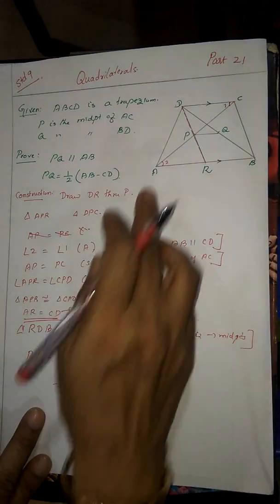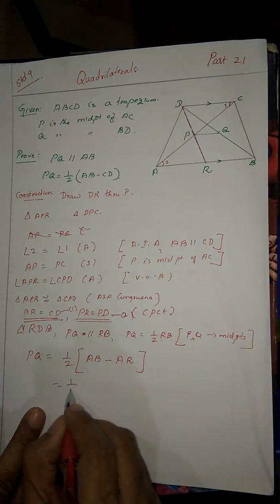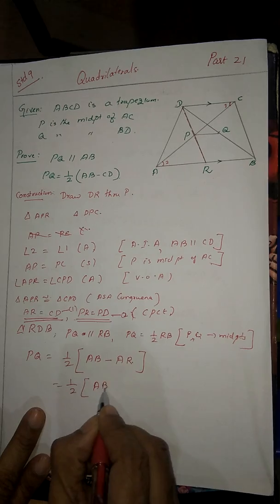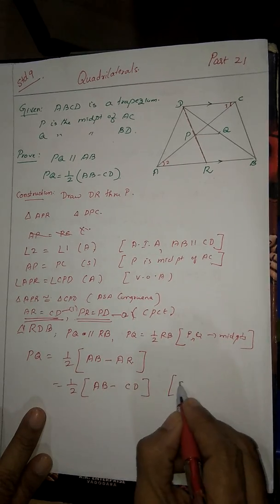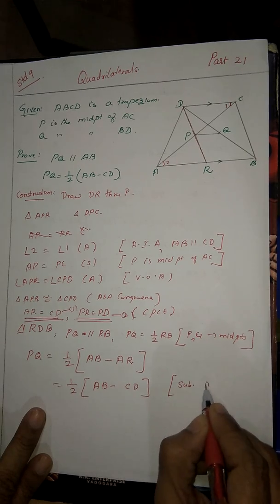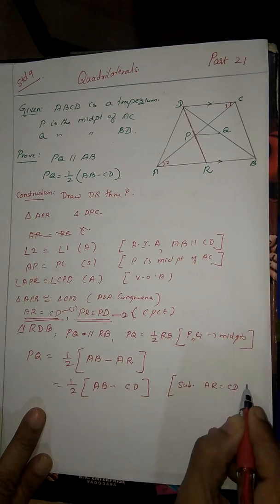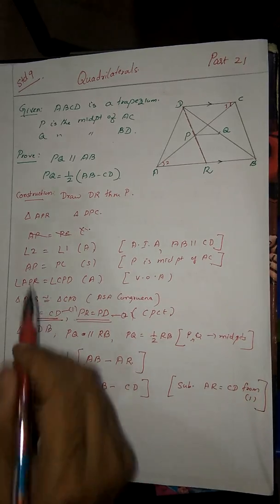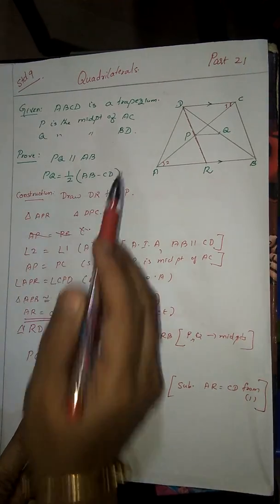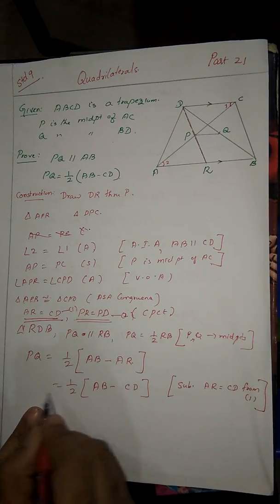Now we know AR is equal to CD from 1. So we will substitute that as AB minus CD. Reason: substituting AR is equal to CD from 1. So we got the result, PQ is equal to half of AB minus CD.